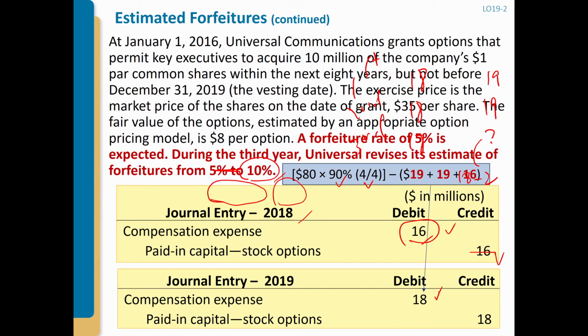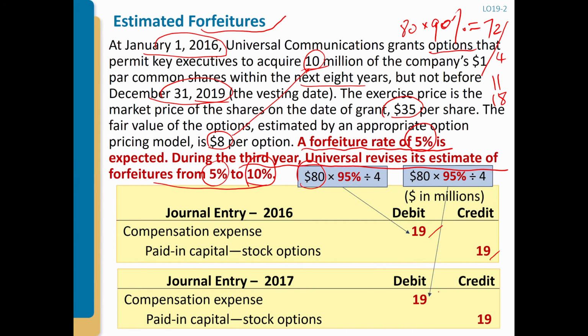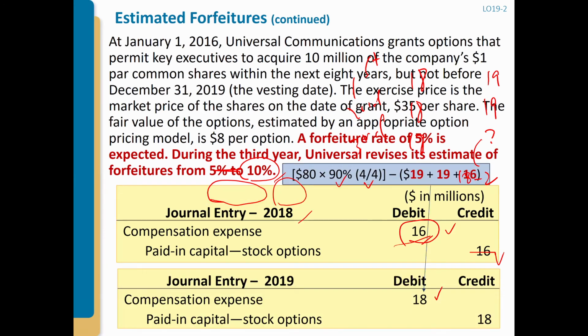Again, the first 2 years are based on our estimate of 5%. That's why we got 19, right? And in the third year, because we want to make the adjustment, you recognize 16. And in the fourth year, you recognize 18. Those are the 4 years of compensation expense. The total is 72 million, which is 80 million times 90%.